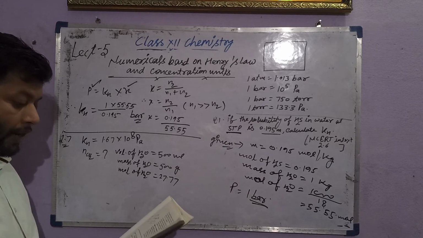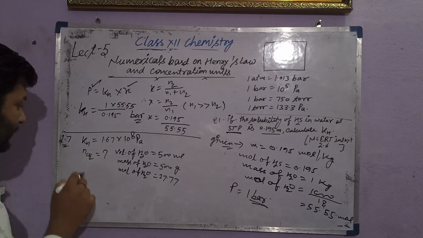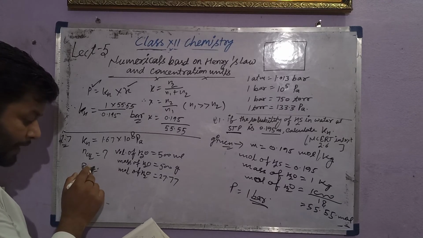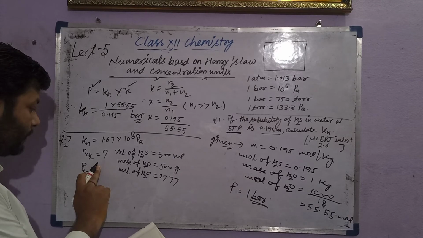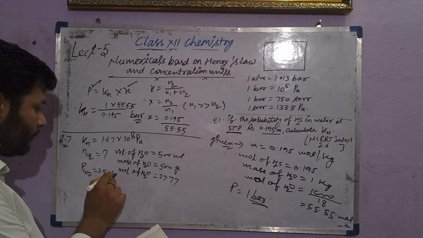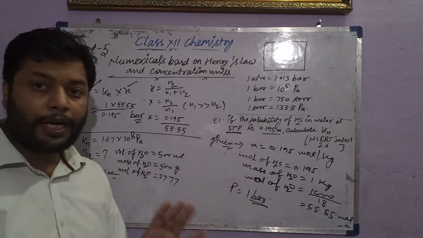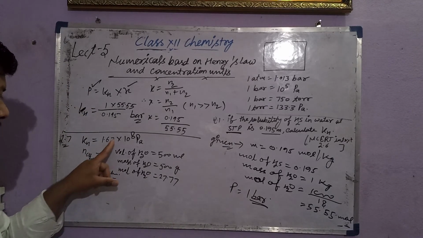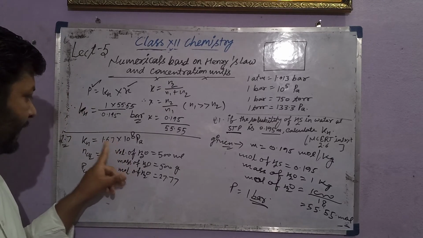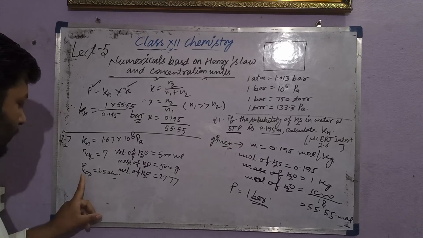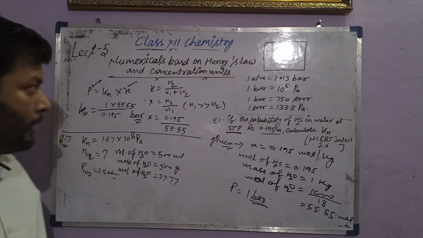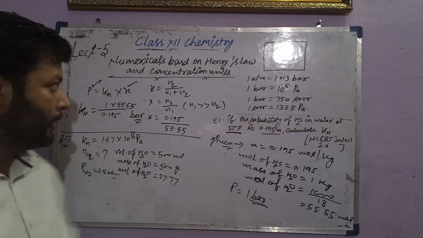So for the formula, the pressure is given again. The pressure of CO2 is given as 2.5 atmosphere. First you have to change the pressure into Pascal, because the Henry constant is given in Pascal. 1 atmosphere equals 1.013 bar, and 1 bar equals 10 to the power 5 Pascal.